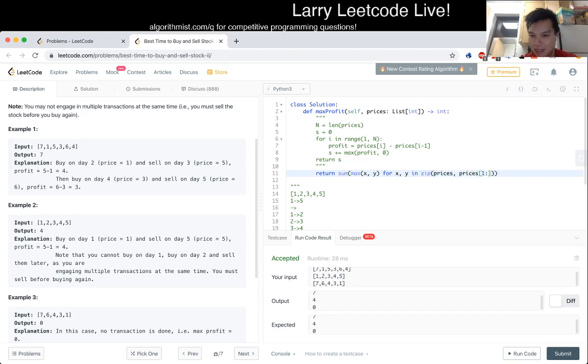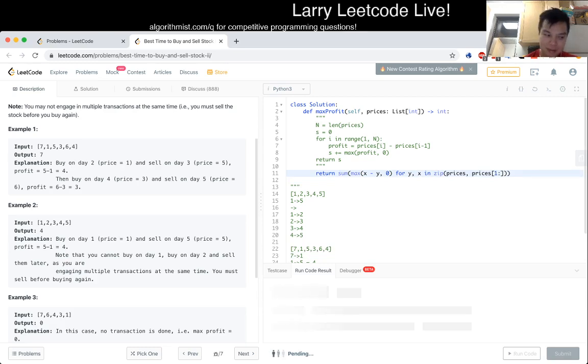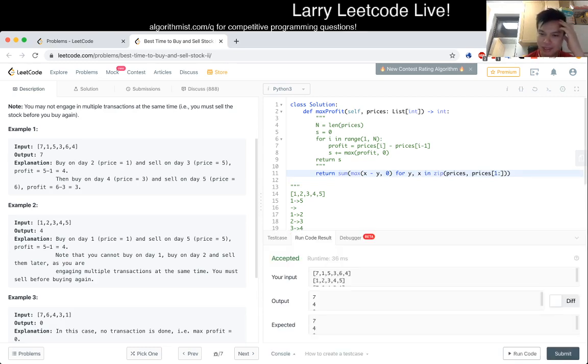Oops, that's not right. Something like that. I have to double check. No, I think this is for y and x. Okay. So this is what I would end up submitting.